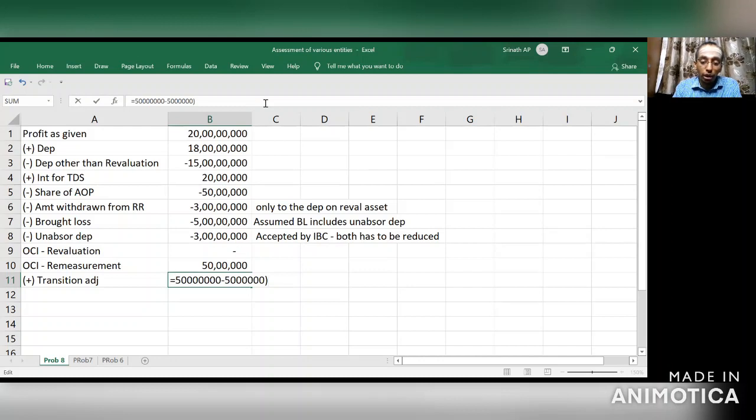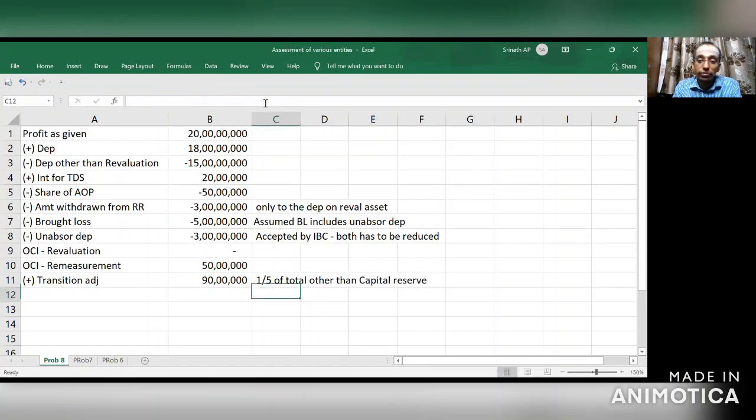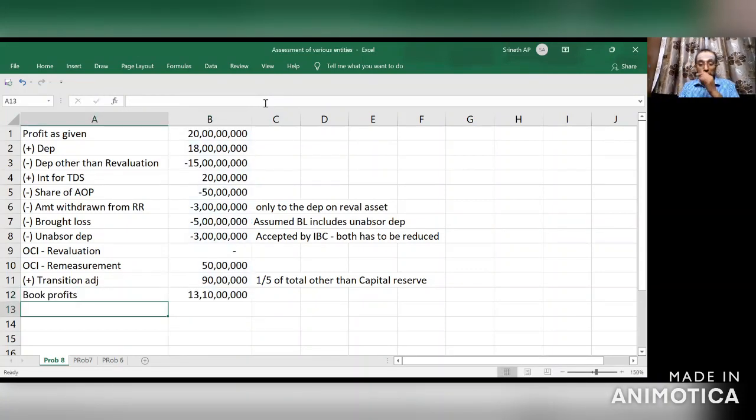You will be eligible to claim 1/5 of that, which is 90 lakhs. 1/5 of total other than capital reserve. So what you get after this will be the book profits, 13 crore 10 lakhs.